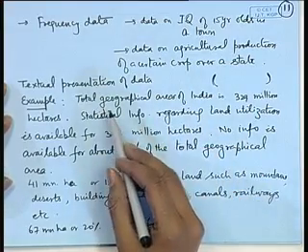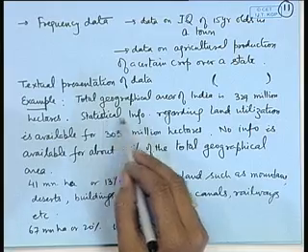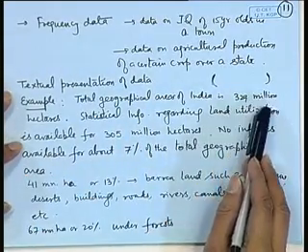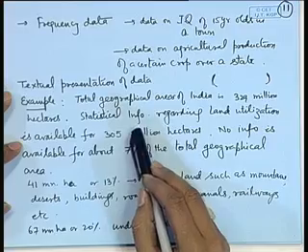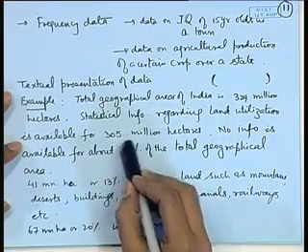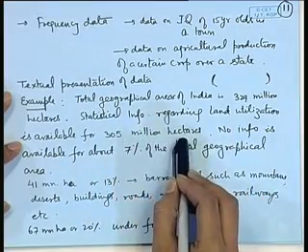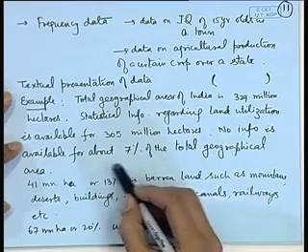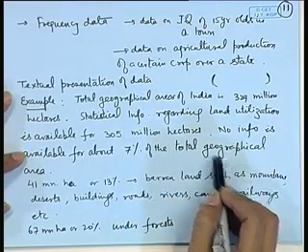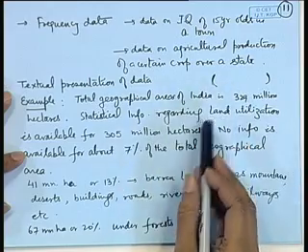The report reads something like this: the total geographical area of India is 329 million hectares. The statistical information regarding land utilization is available for 305 million hectares. No information is available for about 7% of the total geographical area, that means about 24 million hectares.